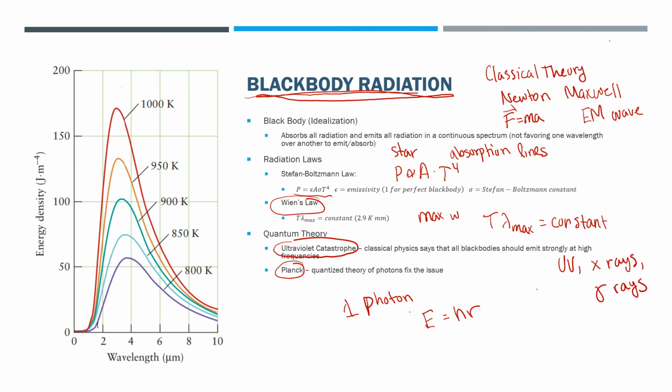So how does this fix the UV catastrophe? Let's just give a little bit of intuition, because the math behind it is fairly complicated, but some intuition is really good to have. So basically he said that radiation of frequency mu requires a minimum energy to start oscillating.